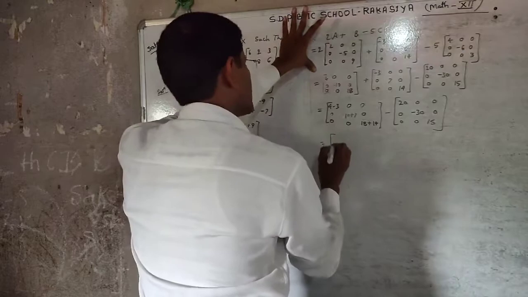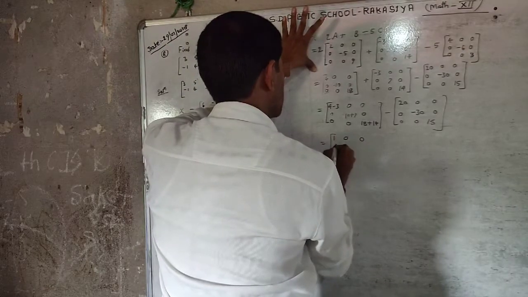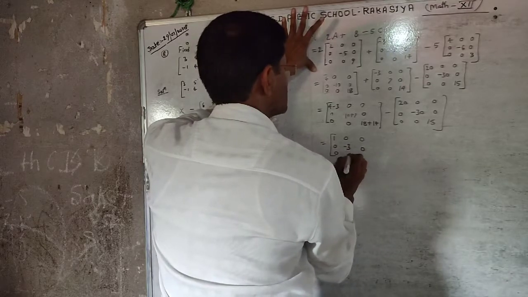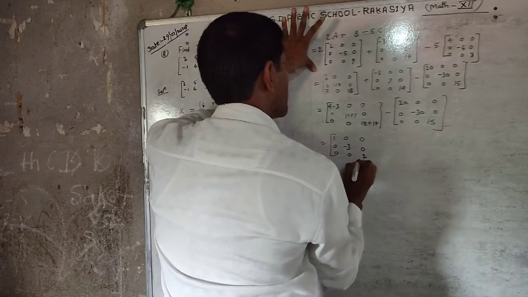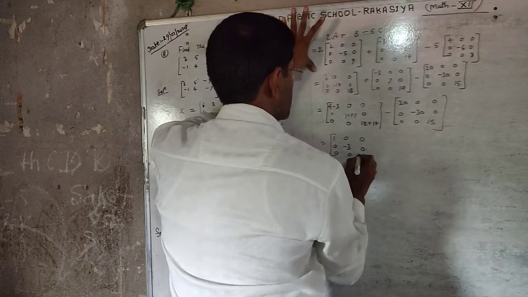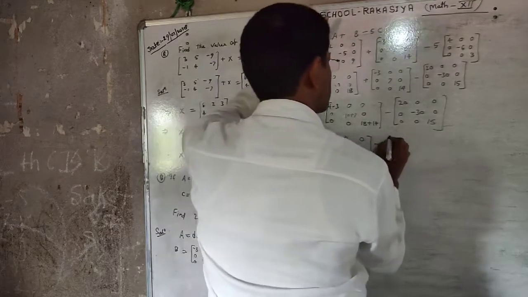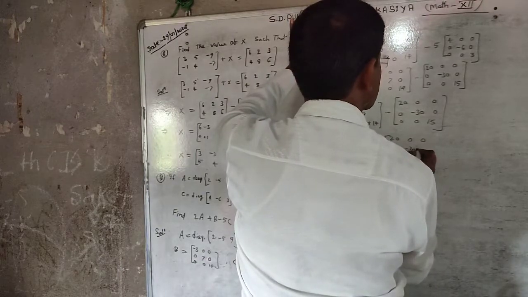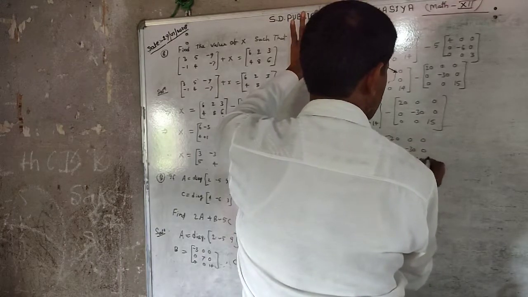It is equal to [1 0 0; 0 minus 3 0; 0 0 32] minus [20 0 0; 0 minus 30 0; 0 0 15].